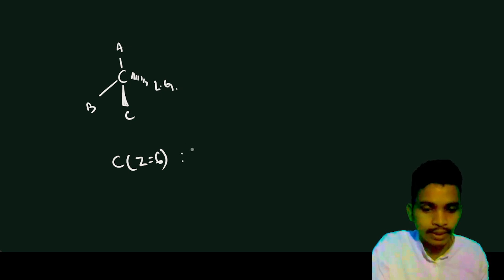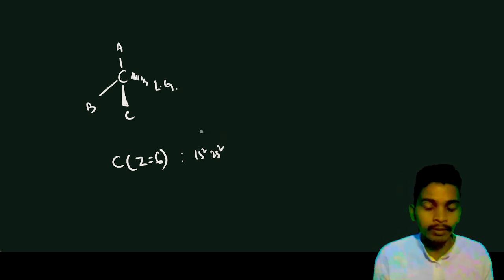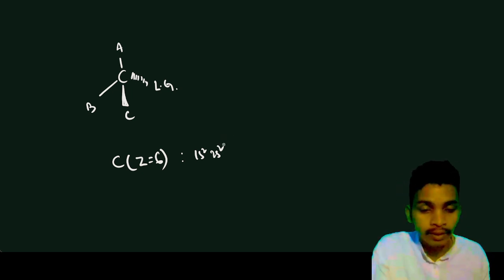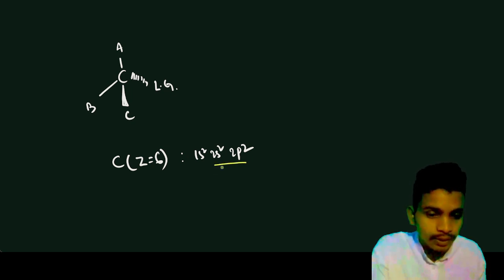It means that it has 1s2 2s2 2p2. So the valence electrons are 2s2 and 2p2.